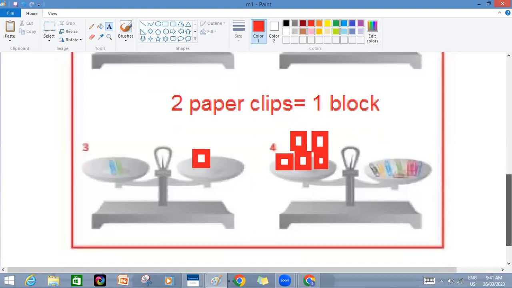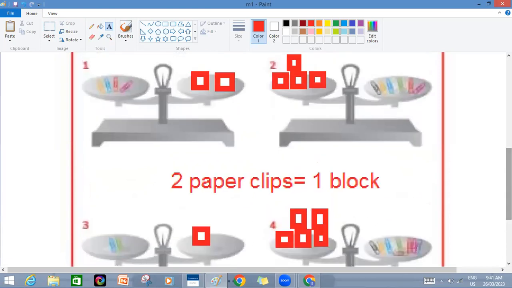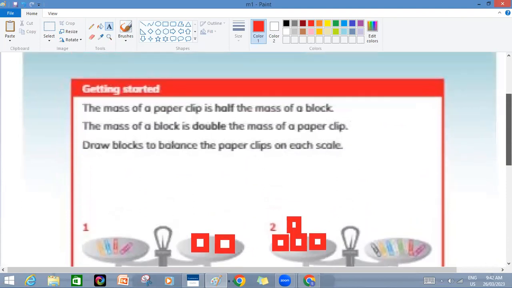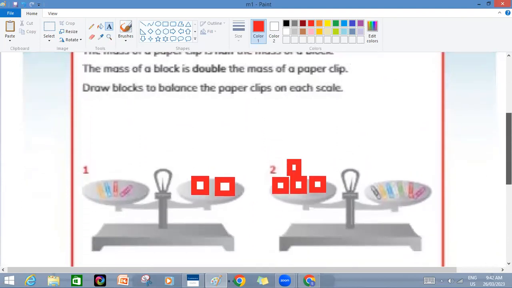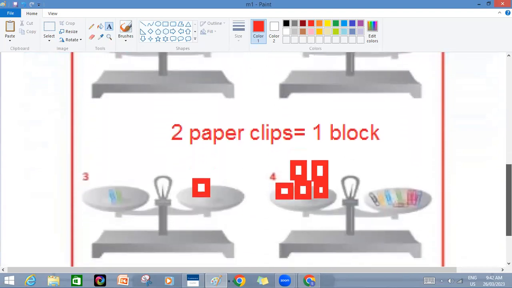So this is how we are going to balance the scale. 2 paper clips weight equals 1 block. So that was our first question, in which we have to balance the scale with the help of paper clips and blocks. Paper clips were given and we drew the blocks. Okay, moving on to the next page.